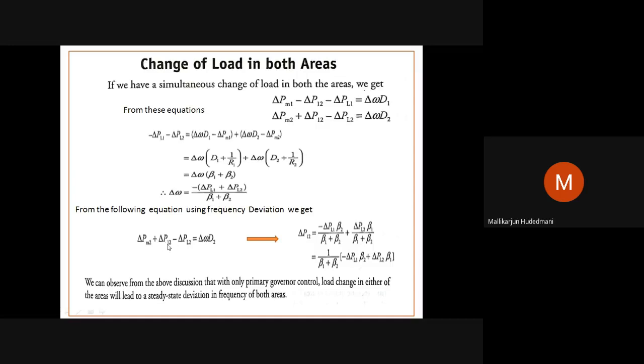Delta P12 is, we can see here, minus delta PL1 beta 2 divided by beta 1 plus beta 2. What is this exactly? When I study a single case, load change in area 1, this was the power flow from area 2 towards 1. Delta PL1 is the change in load in area 1. Beta 2 is the opposite area frequency composite response, divided by the sum of them.